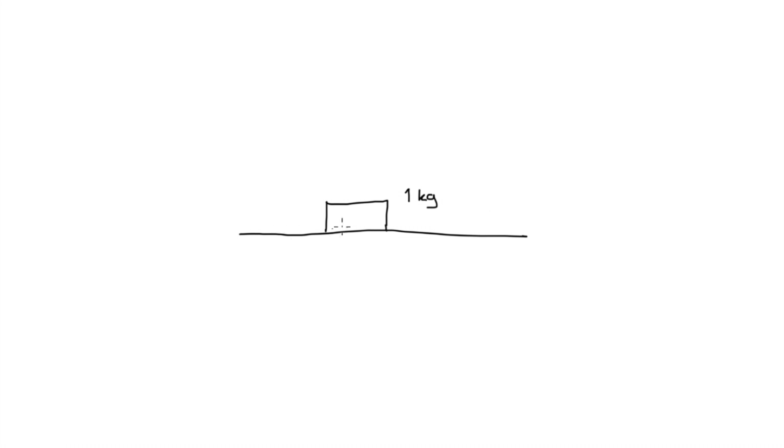So let's draw a little vector for the force due to gravity. The force due to gravity will often be shown by an F with a little subscript G, or sometimes a W for weight. This is because weight is a force, whereas mass is a measurement of how much of something there is.